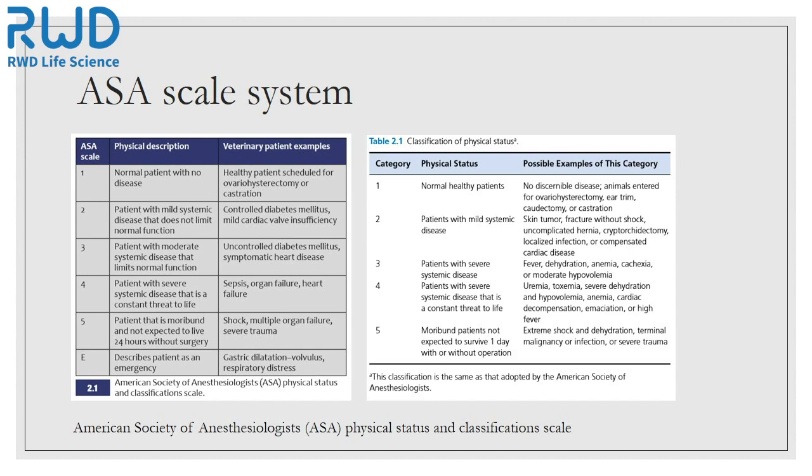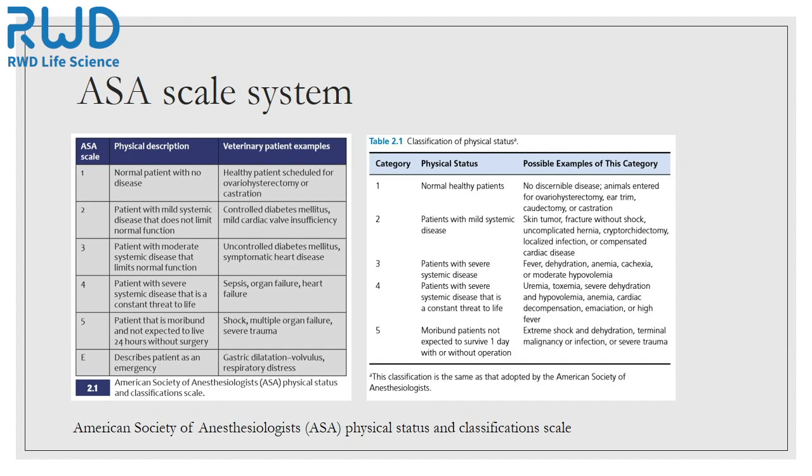It makes things much easier for us, and also for nurses to understand the patient's risk level, because it gives you a precise description of the patient, how you scale the patient, and the disease, like examples for different levels of the patient. For level 3, the patient may have controlled diabetes, and for level 4, the patient may have sepsis, organ failure, or heart failure.